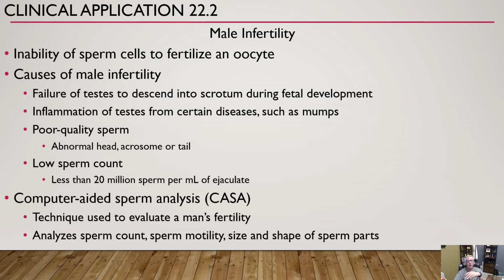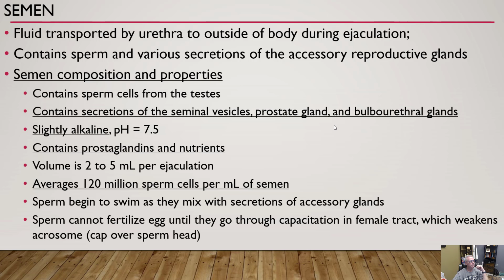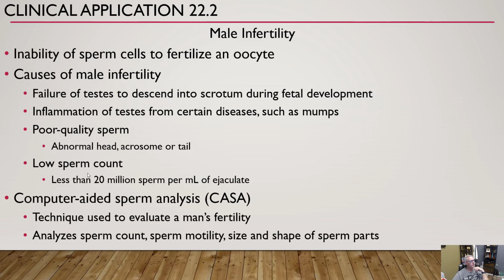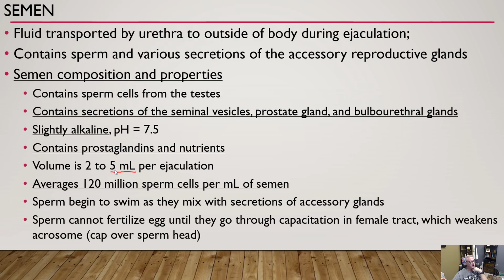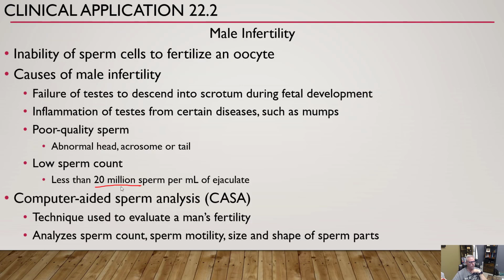Now, we learned in the last slide that males ejaculate 2 to 5 milliliters per ejaculate. So here, 20 million sperm times 5 would be 100 million sperm. That to me still seems like a lot of sperm. So you just kind of have to put it in context.